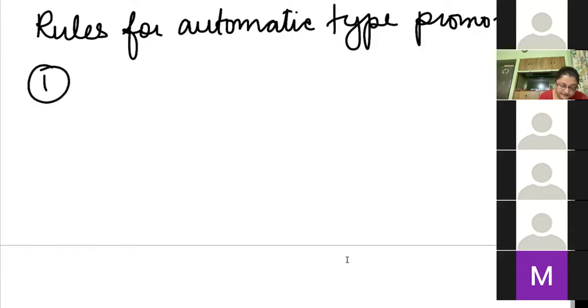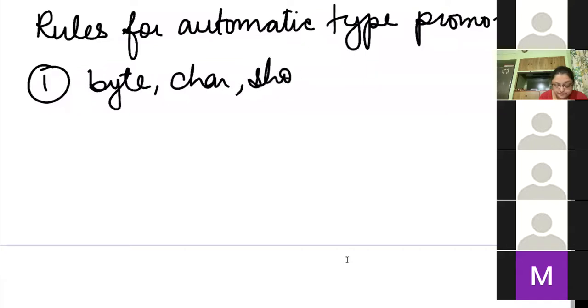What is the first rule? If an expression has byte, char, or short, then everything is promoted to integer.